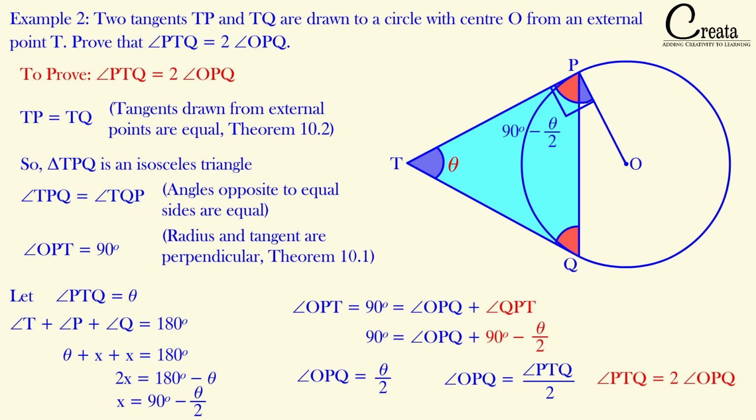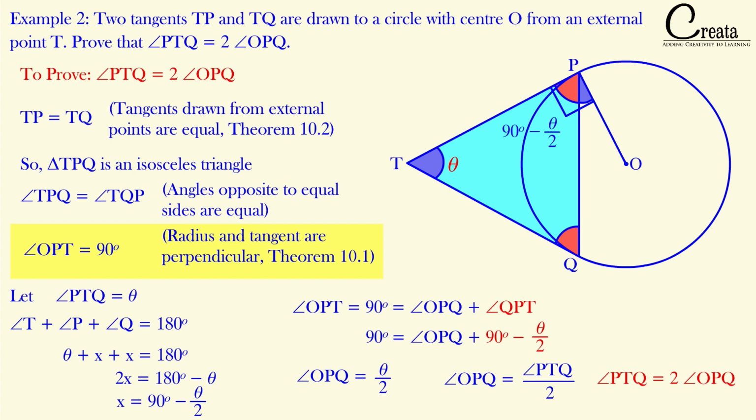So the concepts that we have used in solving this question, which may also be applicable in future questions, are: from an external point, tangents to the circle are equal to each other. We can have two tangents from an external point and the two tangents will be equal to each other. Theorem 10.2. The second concept, the angle between the radius and a tangent is 90 degrees.